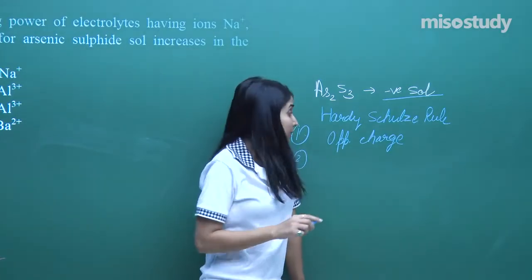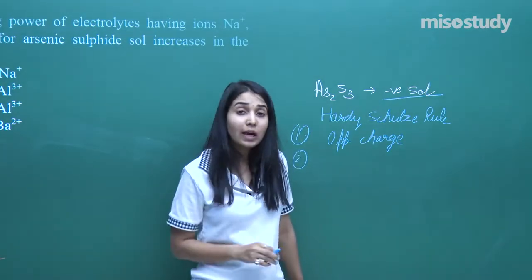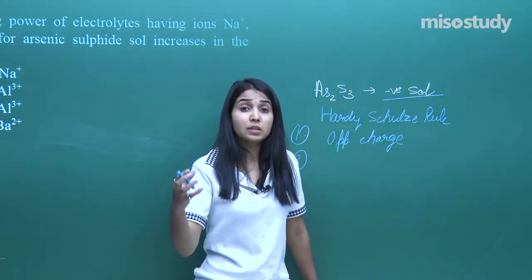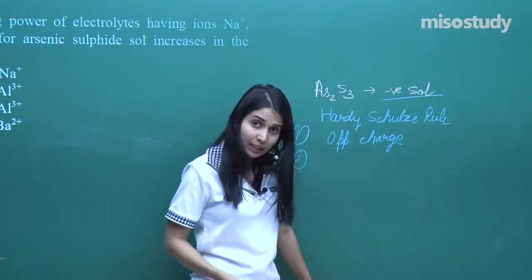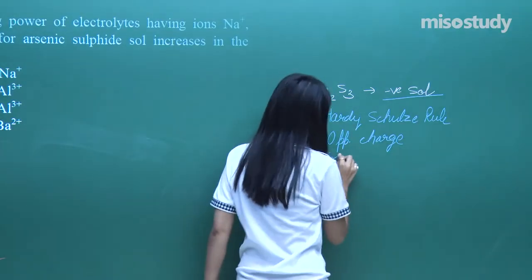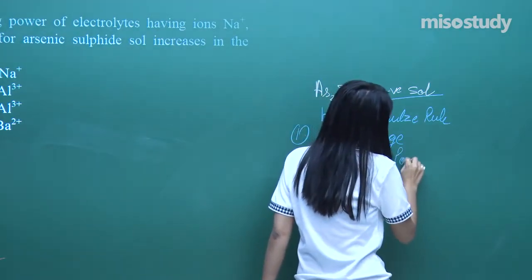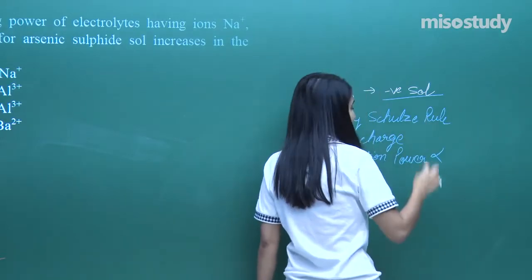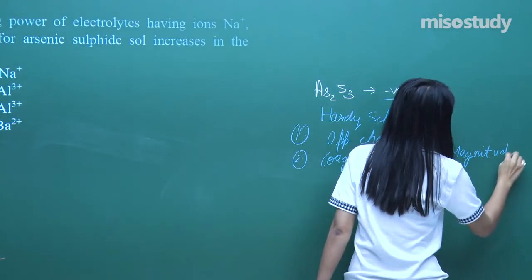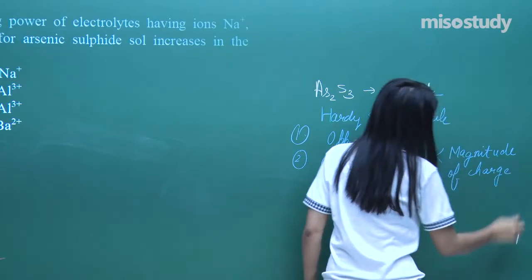Then what did it say? It said when you have the opposite charge of the system, the coagulation power will increase with the increase in the magnitude of the charge. That means the coagulation power is directly proportional to the magnitude of charge, right?